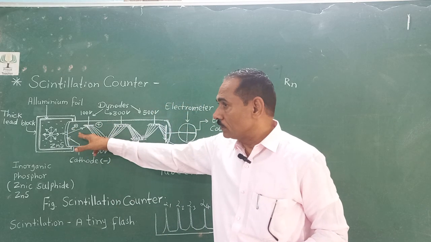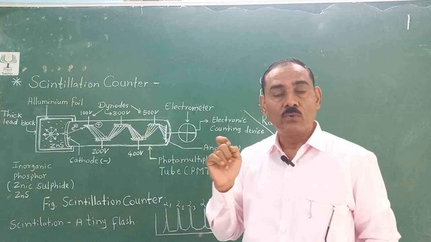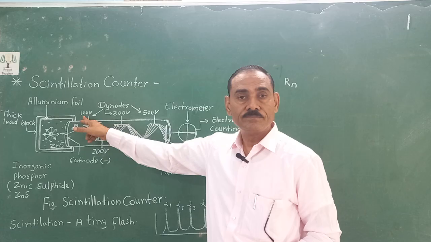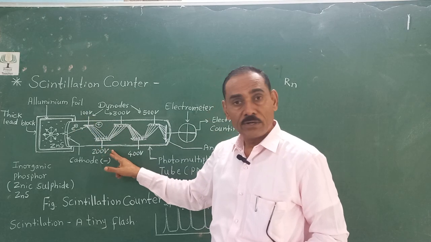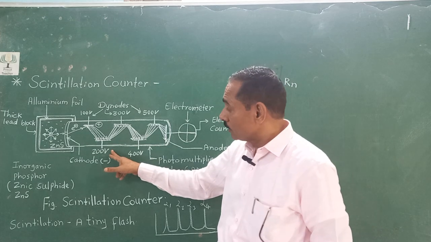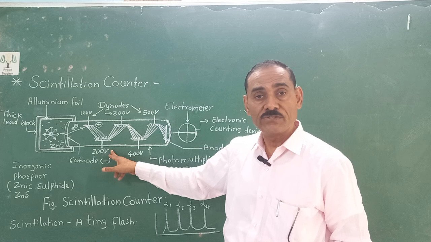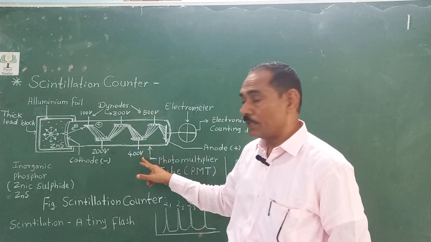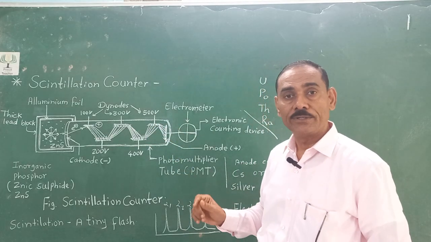That electron falls on the first diode, which has a voltage of 100 volts applied. See the second diode, it has 200 volt potential applied, then 300 volt, then 400 volt, then 500 volt.